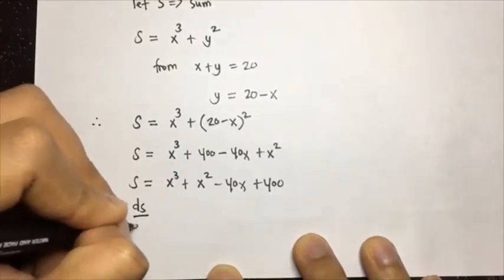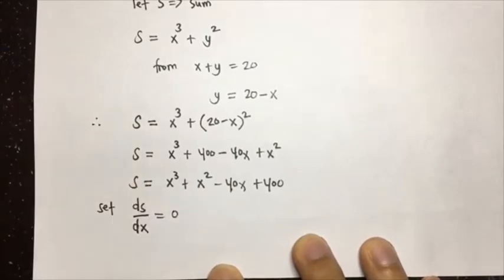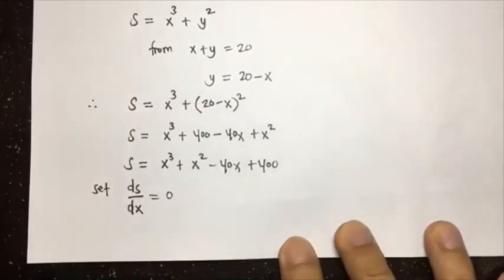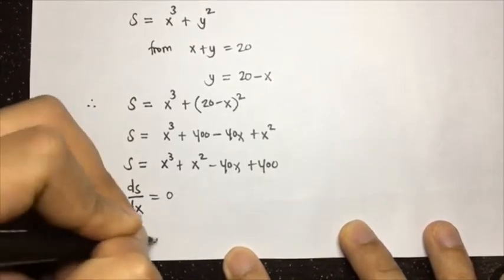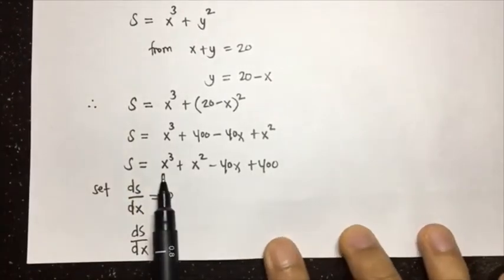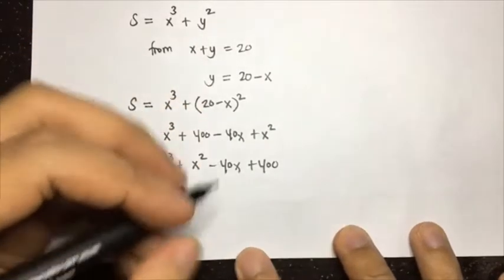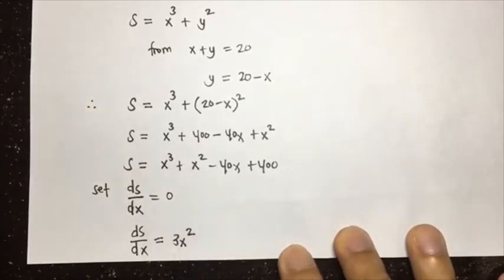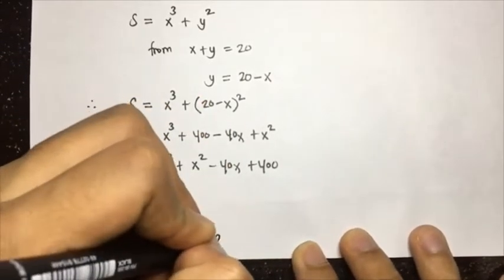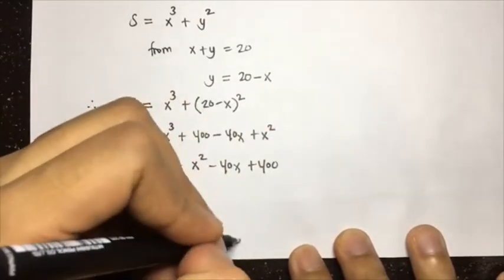And now we set the derivative of s with respect to x to 0. So set ds over dx equal to 0. First we'll solve for ds over dx. By deriving this, the derivative of x cubed is 3x squared, the derivative of x squared is plus 2x, and then minus 40.